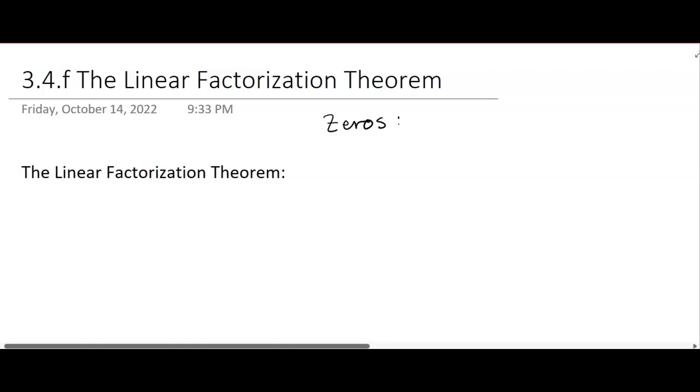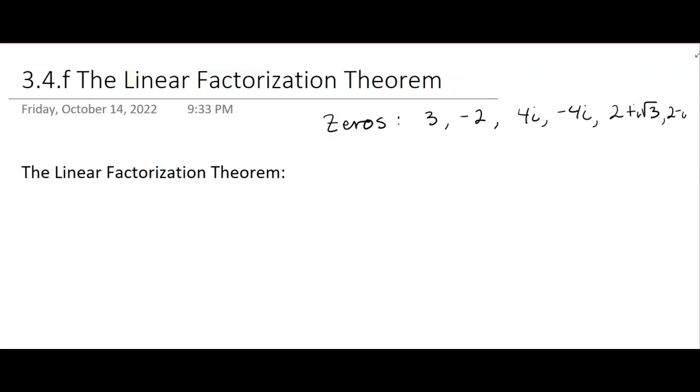Let's say the zeros are 3, -2, 4i, and -4i, and let's have one more, 2 plus i square root of 3, and 2 minus i square root 3. Now remember, if it's complex, the conjugate has to be in there. Okay, so that's a lot of zeros, right?